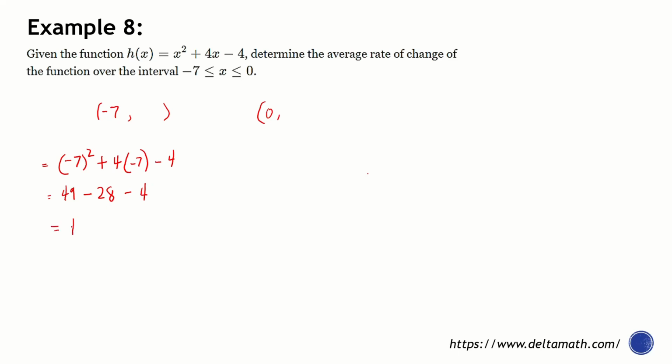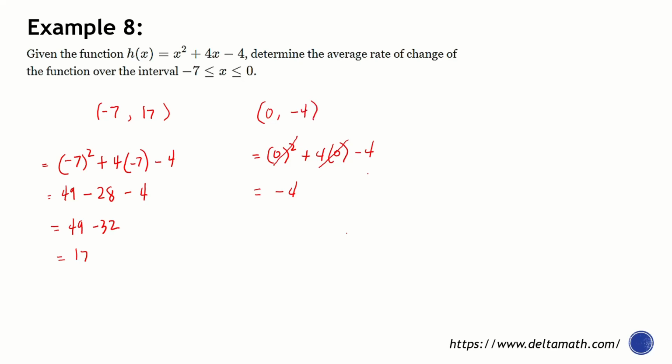So this is equal to 49 minus 32, which is equal to 17. So this is 17. For the 0, this will be 0 squared plus 4 times 0 minus 4. That is 0, so therefore this is negative 4.